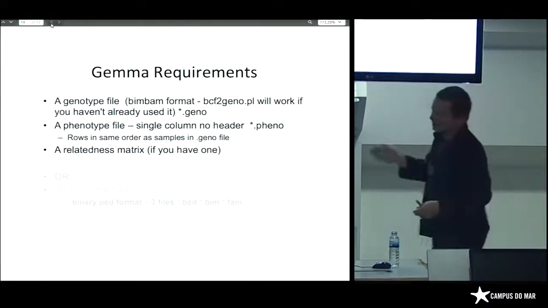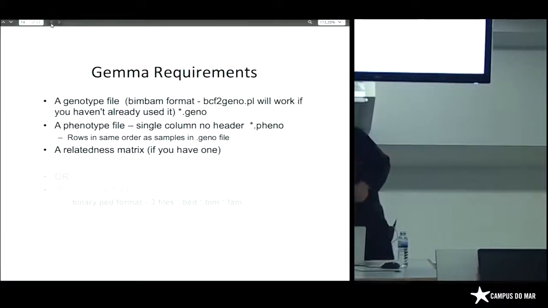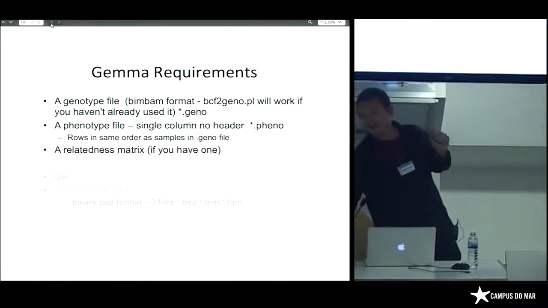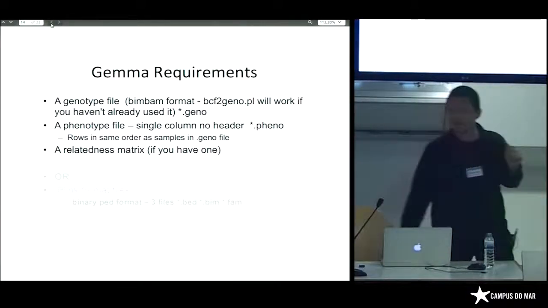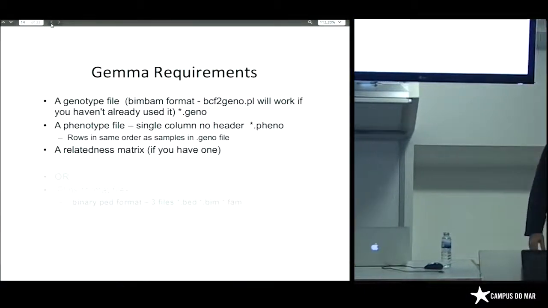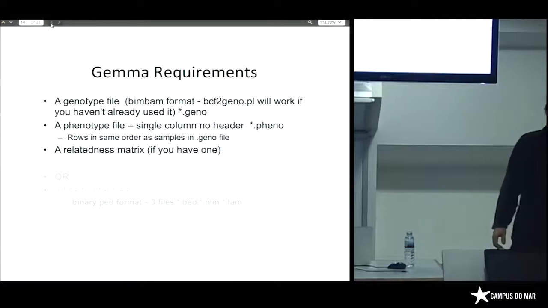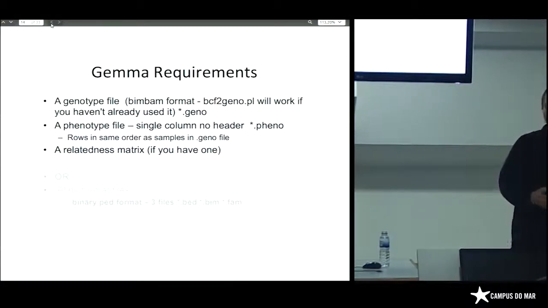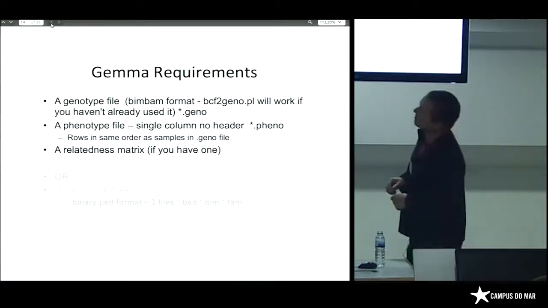Okay, we didn't. But I've given you, in that folder, the BCF file that was called bugsnips, bugsnips.bcf. So that's a binary call for, so variant call format file, but it's compressed into binary. So we need to turn that into something that has genotype approximations in it.